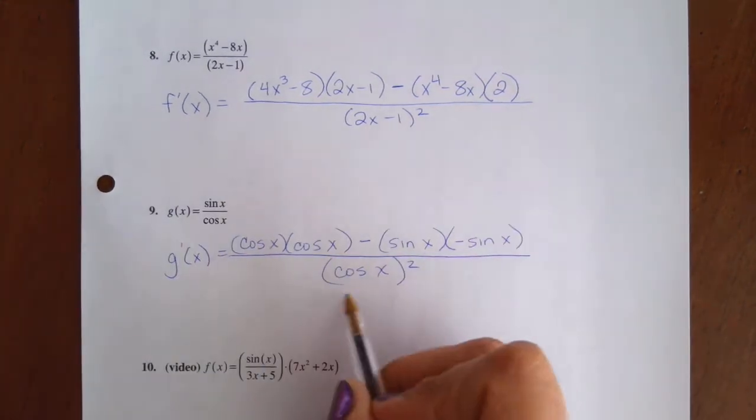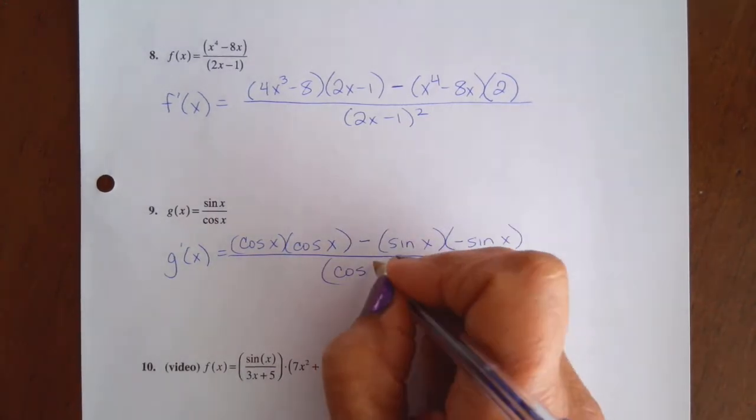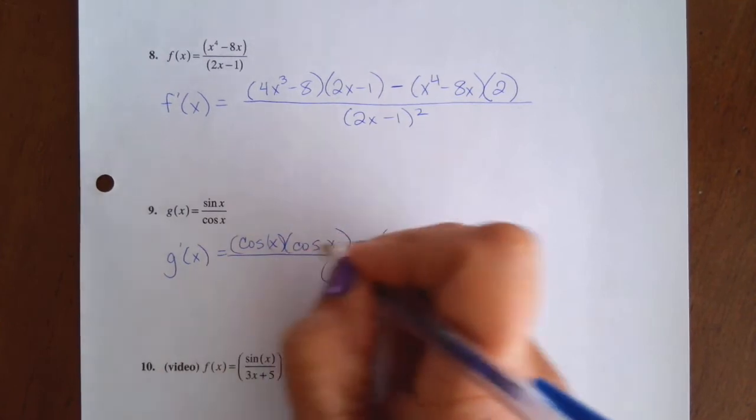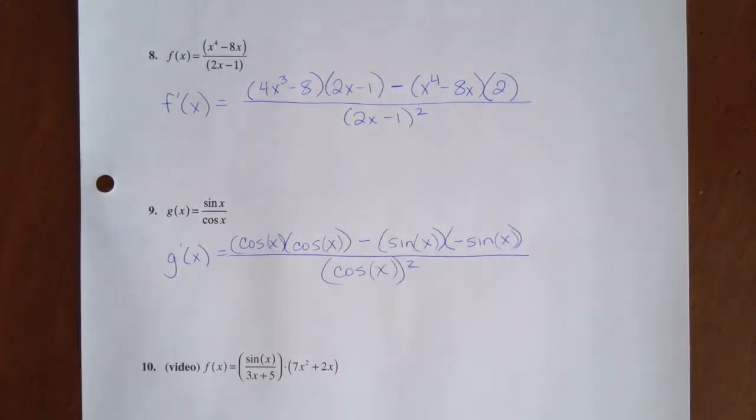Remember, if you're putting that in WebWorK, all of these would need parentheses around them, right? The argument, we don't have to write them on paper, but if you're putting this in WebWorK, then yes, they have to have parentheses.